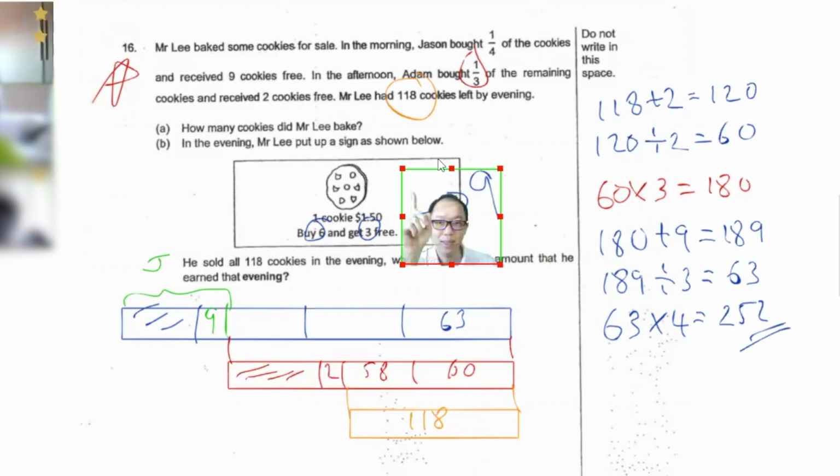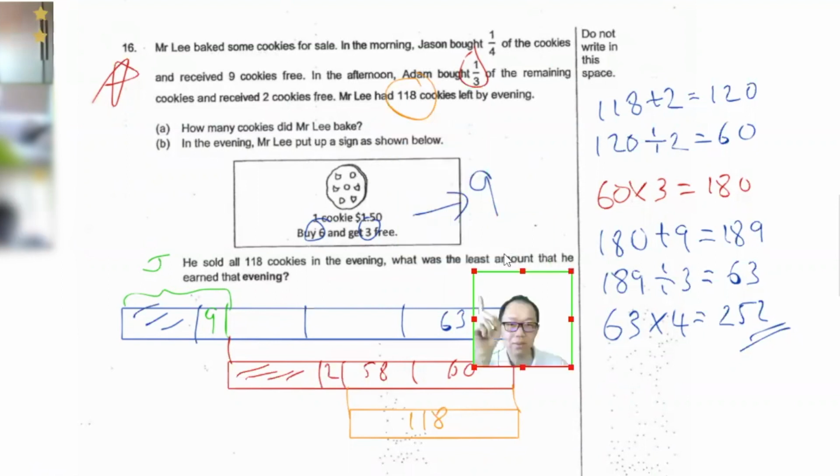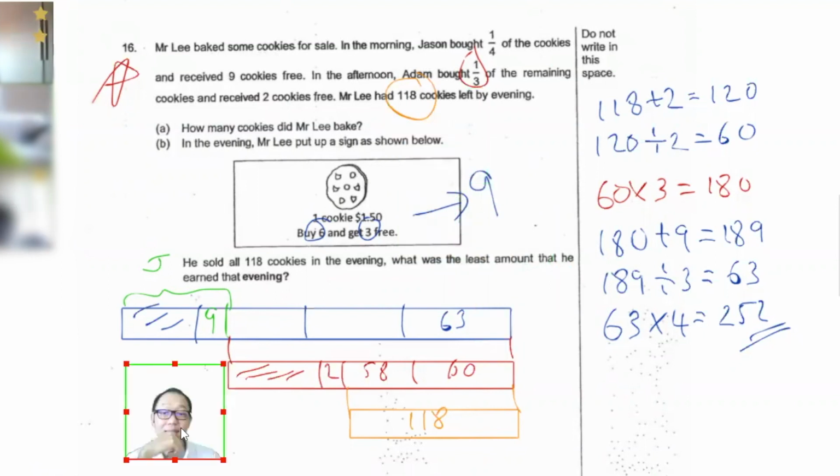So Mr. Lee left with 118, and we want to find out how many packets of 9 there are. So we take 118 divided by 9. We will get something with a remainder. 13 remainder 1. Wow, thank you, Daniel, for all the working.